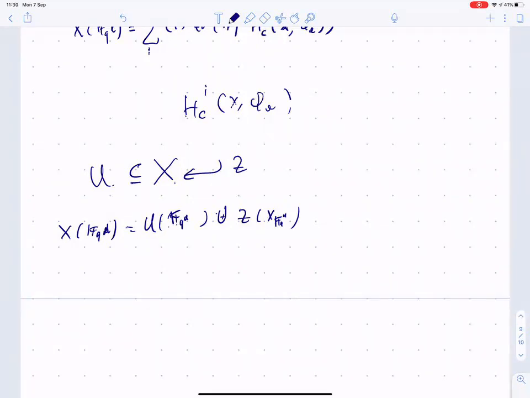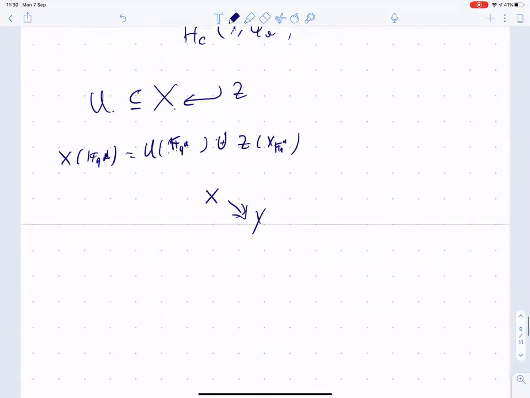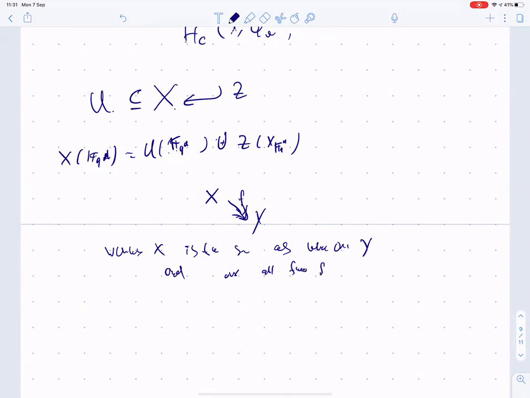Well, there's another maneuver that you want to do, which is if you have a map from X to Y, which is a nice enough map of varieties, you want to think about Y as having a lower dimension than X, then you want to say that somehow working over X is the same as working over Y and over all fibers of f.